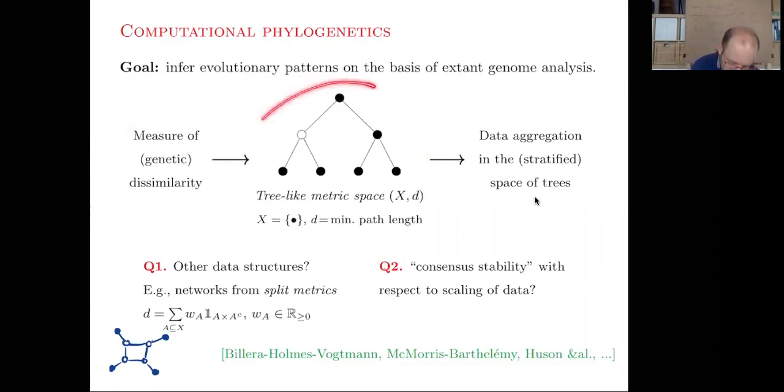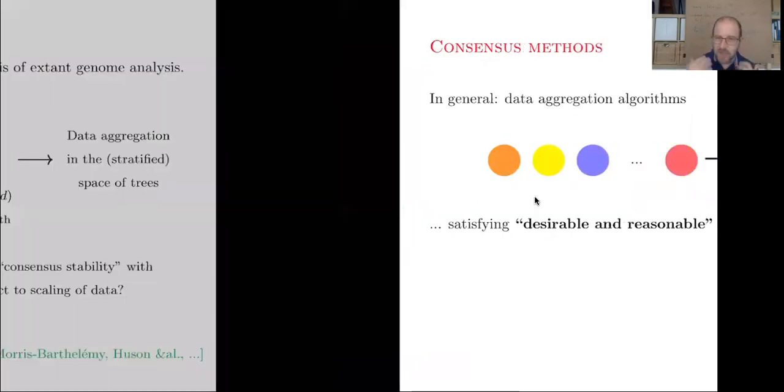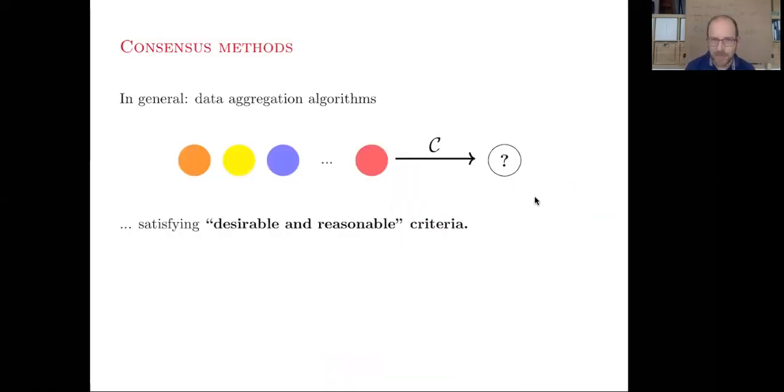And secondly, I have several metric spaces, in this case several trees, that I want to aggregate. The abstract study of aggregation algorithms is consensus theory. The references here are classical: Bellera, Holmes, Fogman, and McMorris and Barthélemy is a book about consensus theory. But what is consensus theory? In general, it is just the study of data aggregation algorithms.